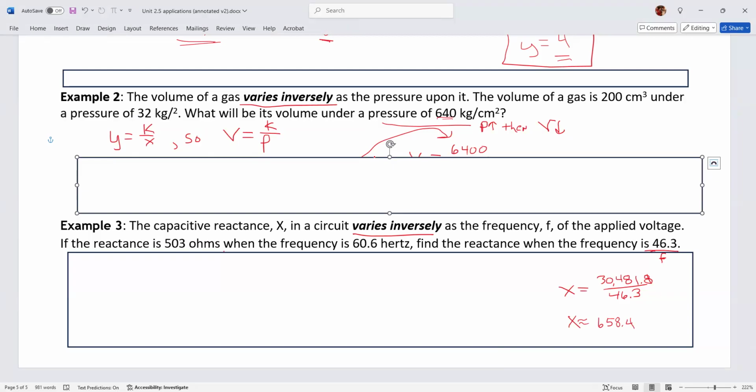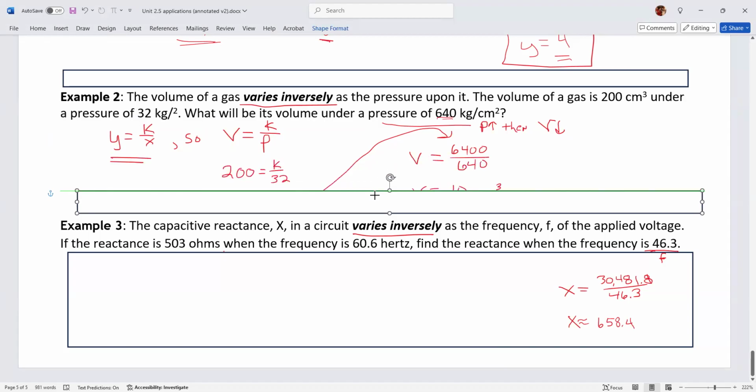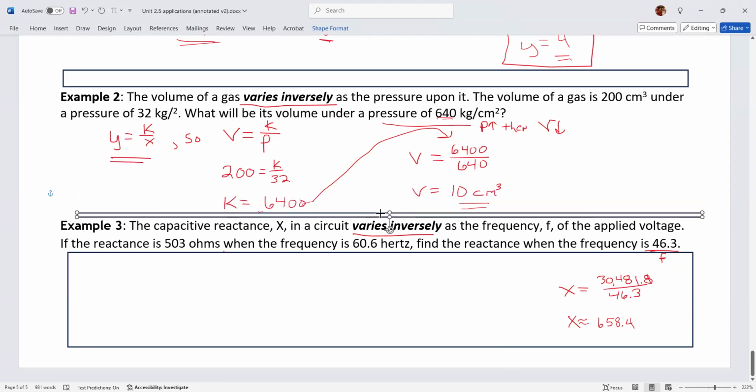So I'm going to use V and P. Volume varies inversely with the pressure. I will substitute in the values they gave me for volume and pressure to determine the value for k. So here I put in the 200 for the volume and the 32 for the pressure. To solve for k, I just multiply both sides by 32. And so 200 times 32 is 6,400.